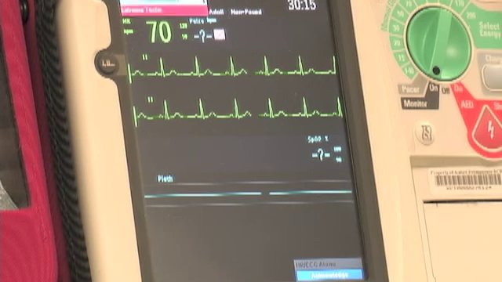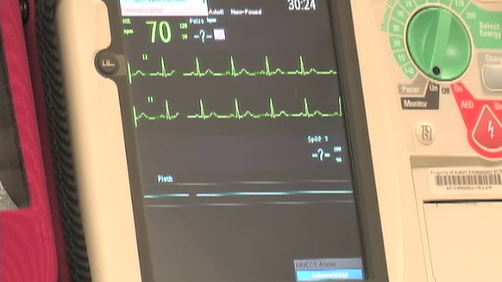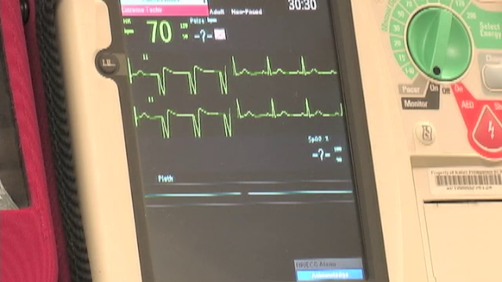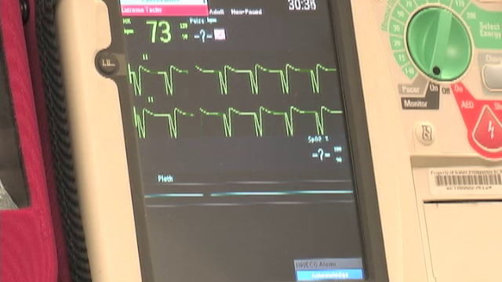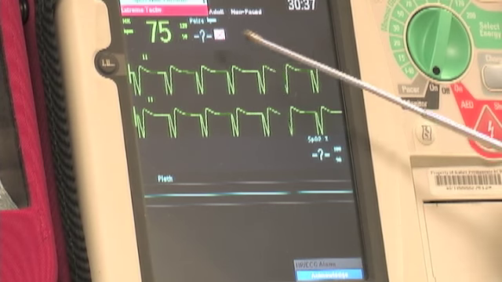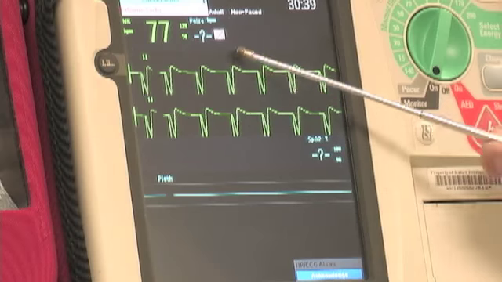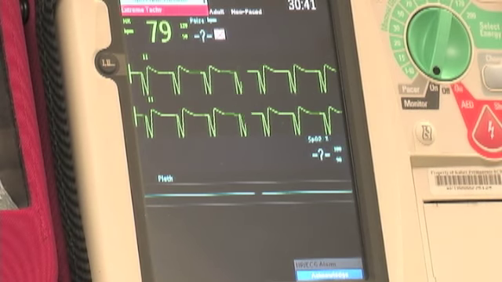And finally, we will show you one last one, which will be this one. Okay, now we're talking about paced rhythms. And paced rhythms are going to be identified by a spike followed by a wide QRS complex each and every time.